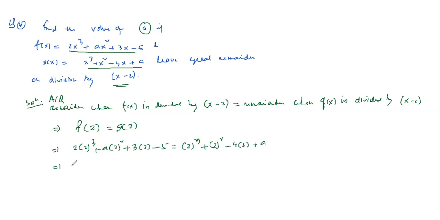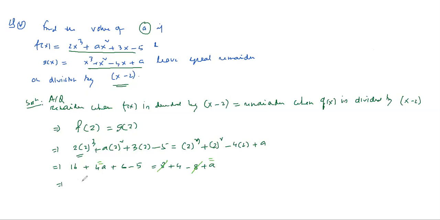Now this is going to be 16, this is 4a, then this is 6 minus 5, and this is 8, 4, minus 8 plus a. Now if anything is getting cut, you cancel it. This 8 and this 8 will be cut on this side. Now this is 4a, this is a.